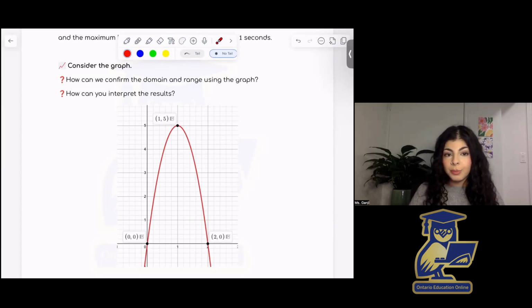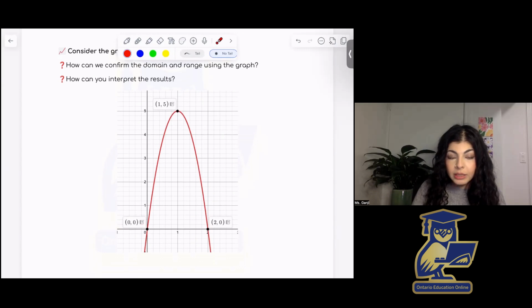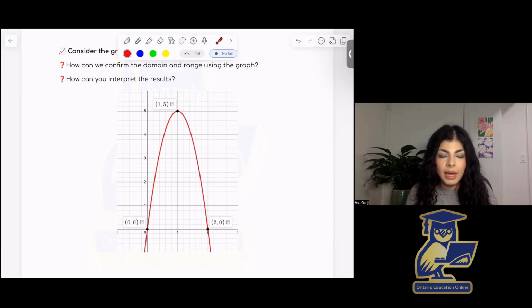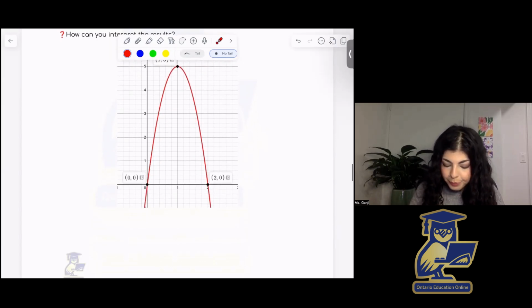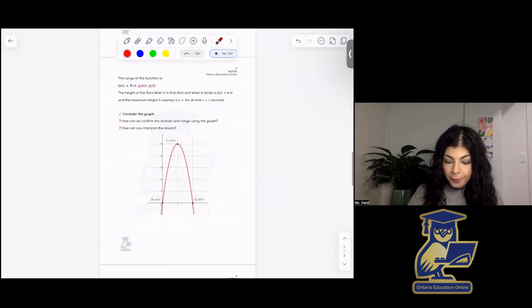We've already pretty much done that, but now try explaining it using this graph. Specifically include points. We start at time 0, at height 0, and it moves to a maximum height of 5 at time 1 second until it reaches the ground again at time 2 seconds. And that's our final example for this lesson as well.